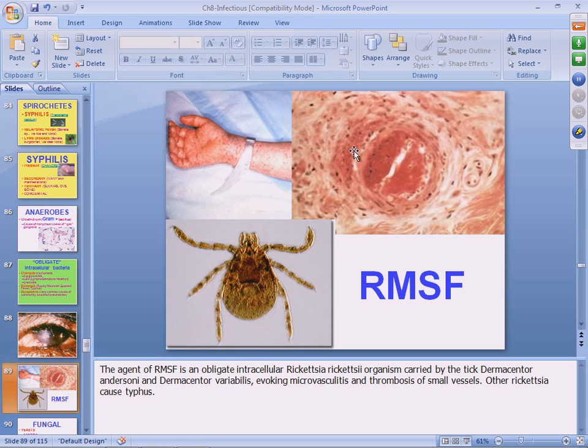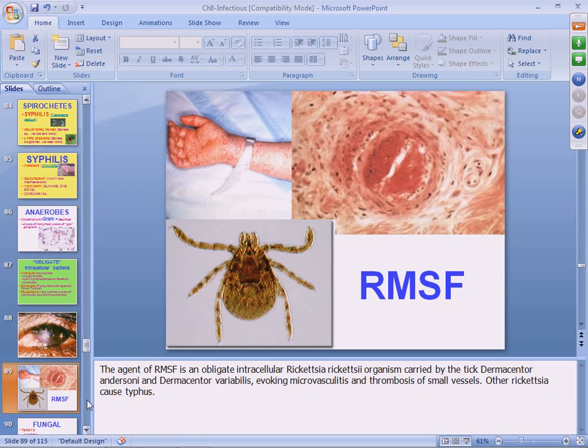People who are very ill with Rocky Mountain spotted fever, also having a characteristic rash that looks a lot like measles, will very likely have this perivascular infiltrate. And of course, they would have gotten it in the United States from a tick known as Dermacentor andersoni, or less likely Dermacentor variabilis.